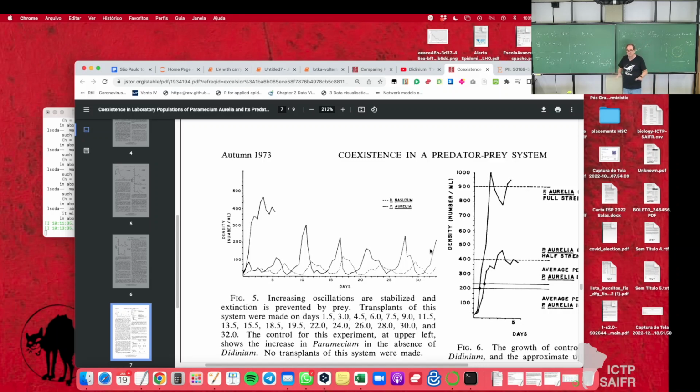This paper is important in the sense that he could, in a homogeneous medium, without introducing refugia, without pumping new individuals from time to time, just the homogeneous system, without what they called physical complexities, have oscillations of the kind that are predicted by the Rosenzweig-MacArthur equations.